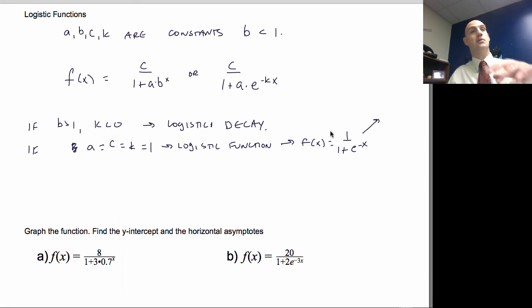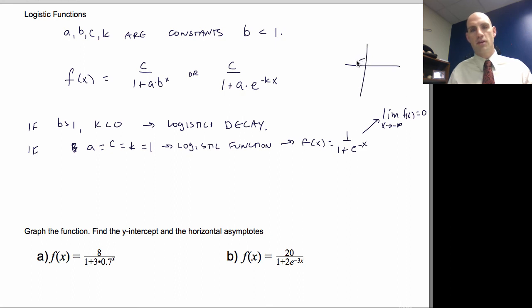We've already looked at this, but it's a refresher because it's been a while. The limit as x goes to negative infinity of f of x is going to be 0, so it comes down and approaches 0 on this end, okay?